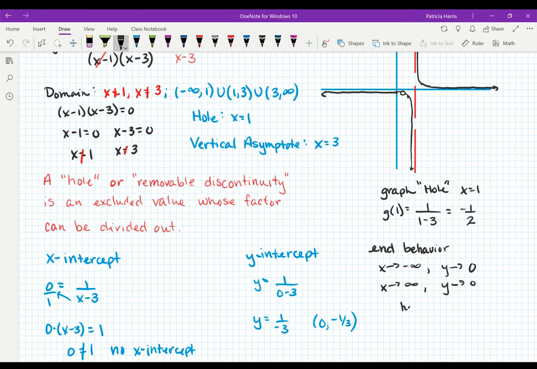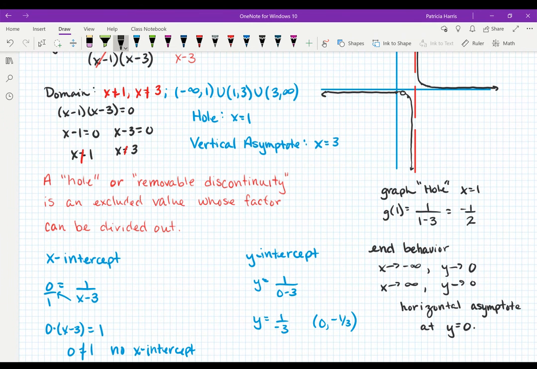So that means I have a horizontal asymptote at y equals 0.